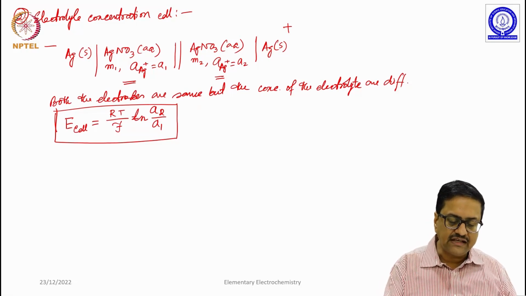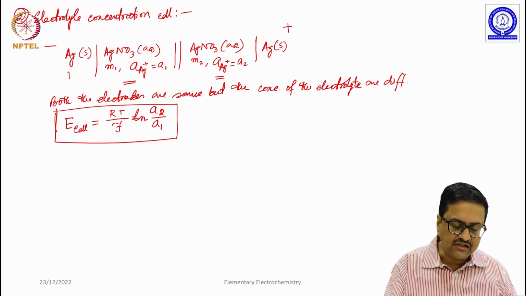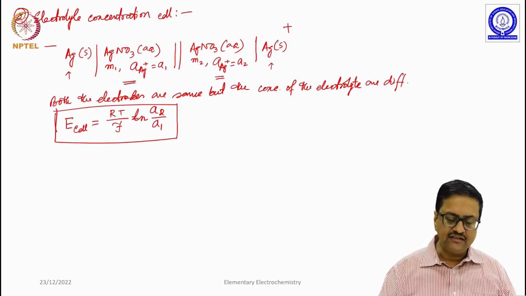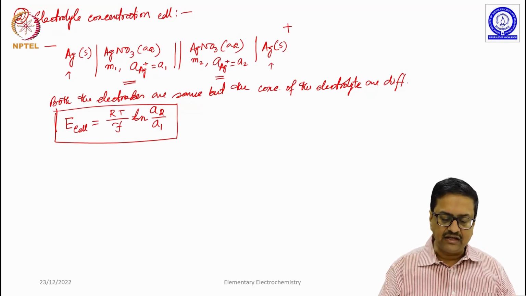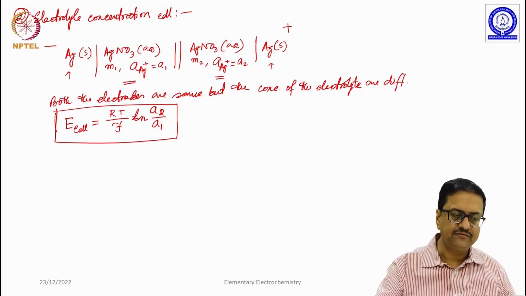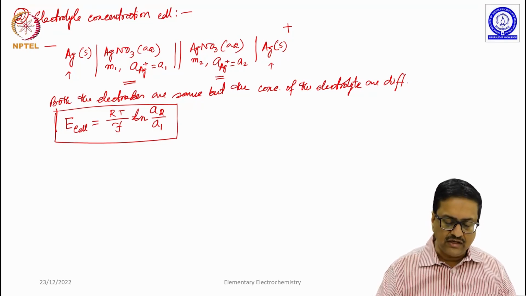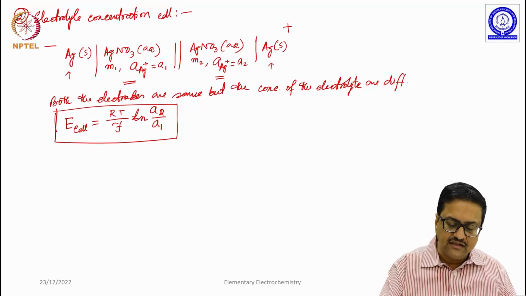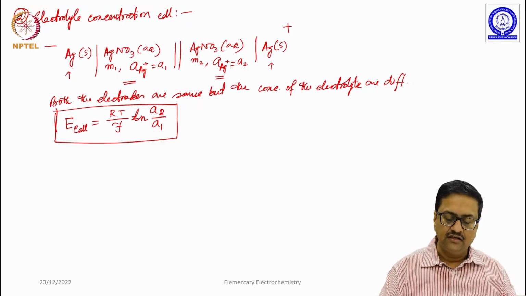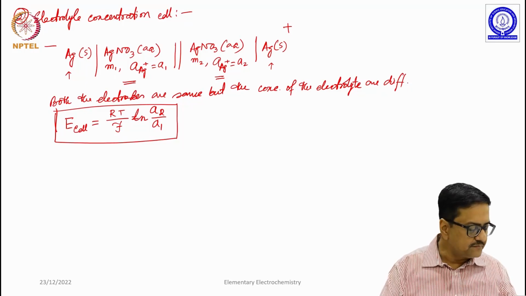So, in the previous case, the activity of the electrodes were different. So, in that case, the E cell was determined by RT by F ln A1 by A2, that is A1 of the left by the right, whereas in this concentration cell it is A2 by A1. If you do the derivation yourself, you will find it.